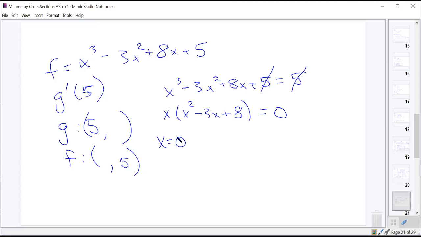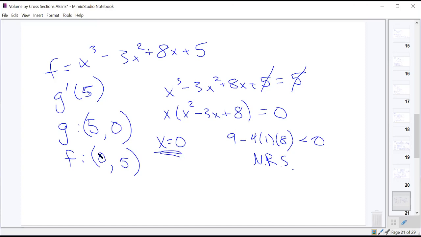But we can prove that because we know the quadratic formula, right? The discriminant, the part inside of the square root, b squared minus 4ac, comes out to be negative. And if b squared minus 4ac is negative, there are no real solutions for that quadratic. So x equals 0 is our only choice.